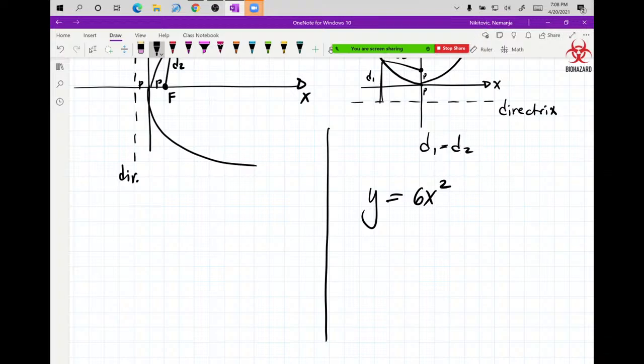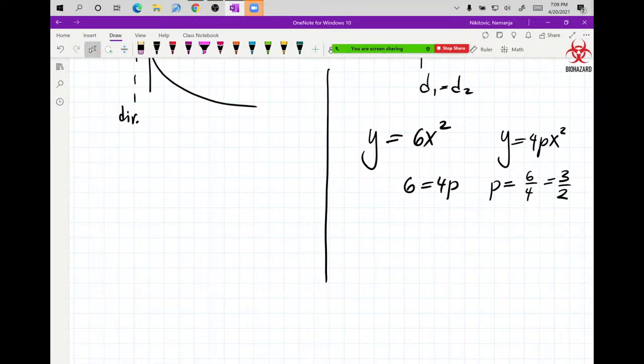It's not at the origin anymore. So this is where we are now. And when you compare this to y equals 4px squared, you see that 6 is equal to 4p, from where p is equal to 6 over 4, which is 3/2.